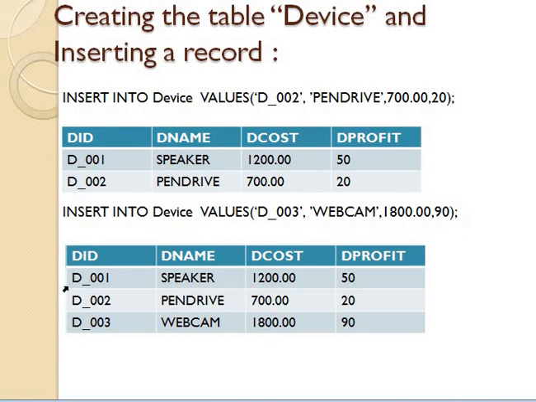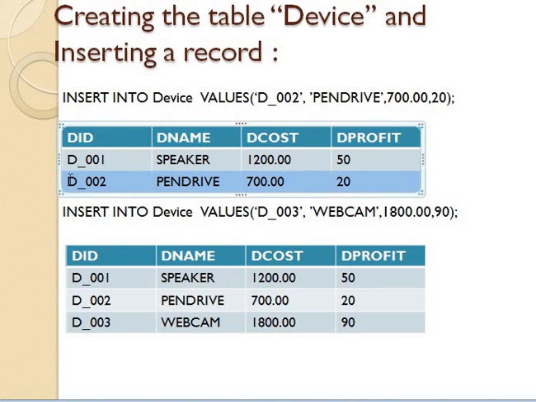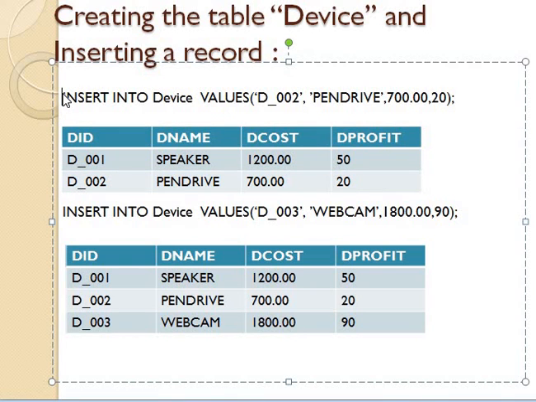Now let me populate our table with 2 more records. The second record, D_002, pen drive, 720, will get inserted into the table upon executing this SQL statement. Let me highlight it. Okay, so this is the one.